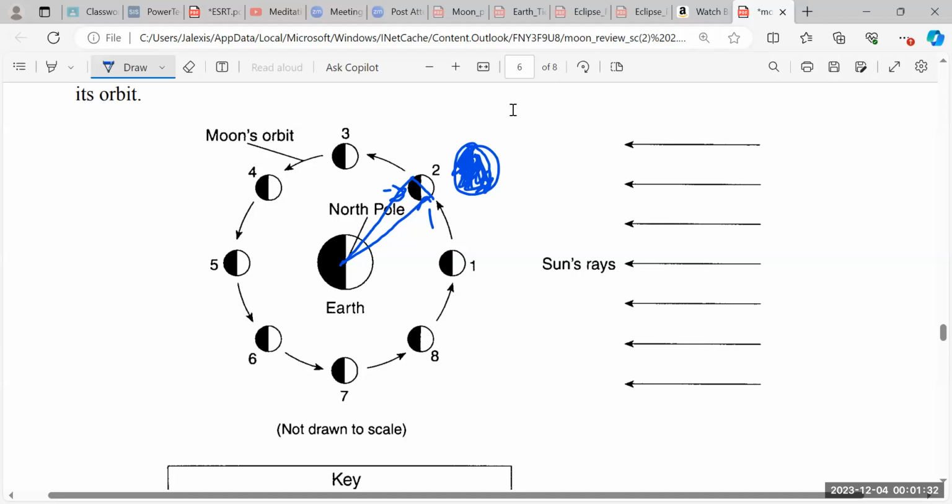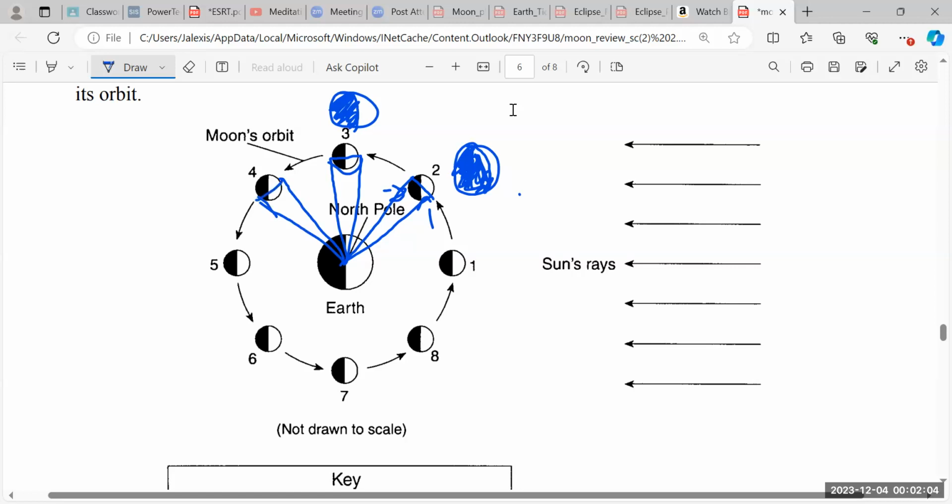Position 3, same thing. Draw a straight line at the edge. Cut off. What do I see here? I see halfway light, halfway dark. I know my drawing isn't the best, but we're gonna make it. All right, now position 4. The edge here for position 4.